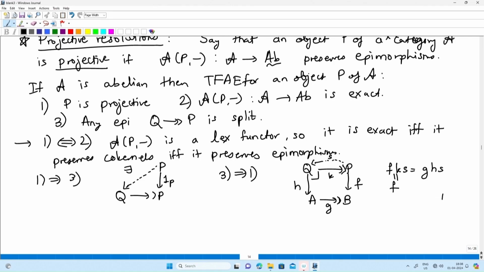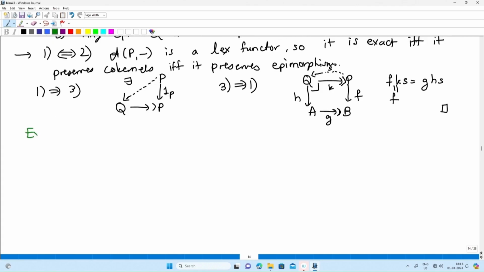So this is the proof that projective objects in an abelian category have got multiple different characterizations. And some examples. So free modules are projective. And direct summands of free modules are projective. I already mentioned that.